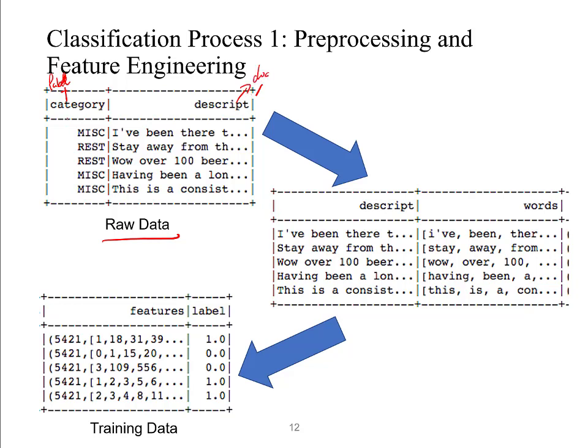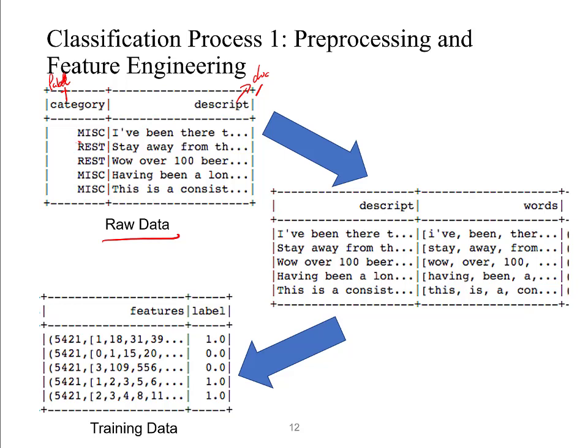As the category, we have, for example, MISC and rest. Rest means restaurant, so the sentence is about a restaurant. MISC is miscellaneous, or more or less like other. So other topics.